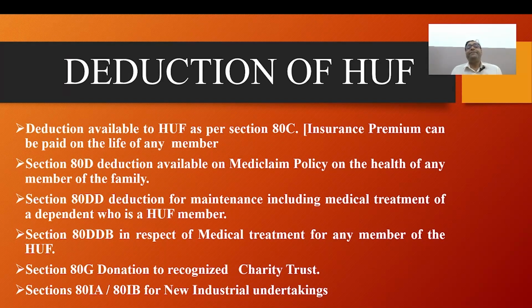Capital gain benefits of a Hindu undivided family. Cost inflation index benefit is available to calculate the cost of the assets. Tax benefit: 20% tax on long-term capital gains, except for non-listed shares.